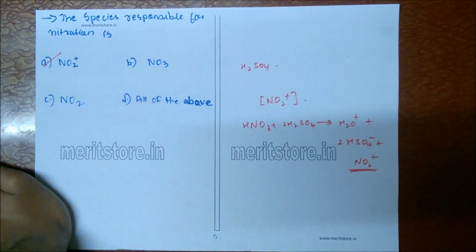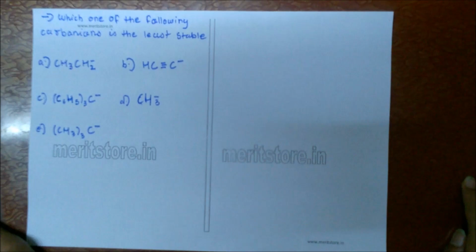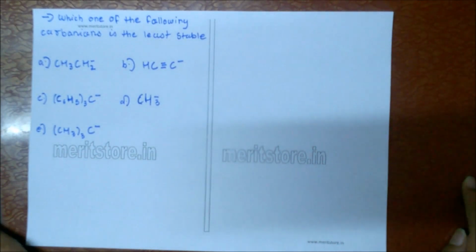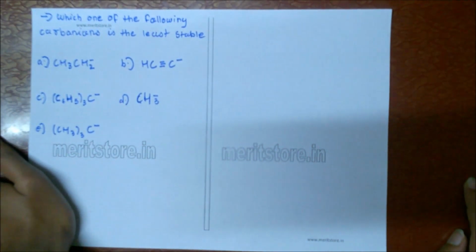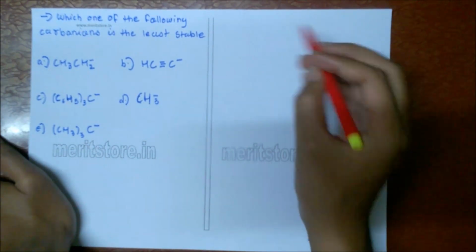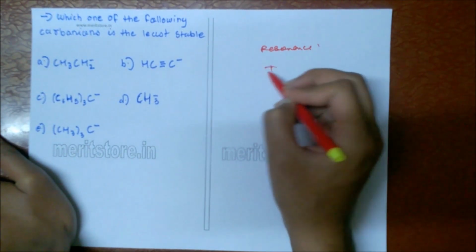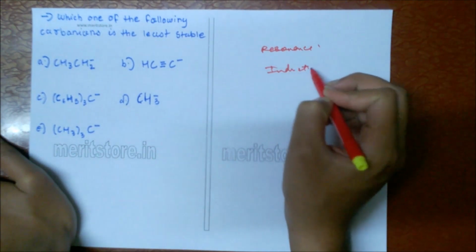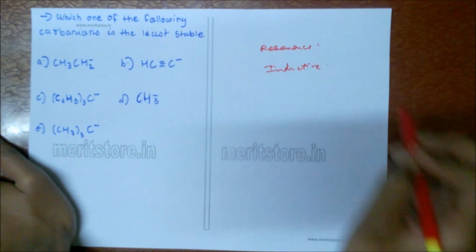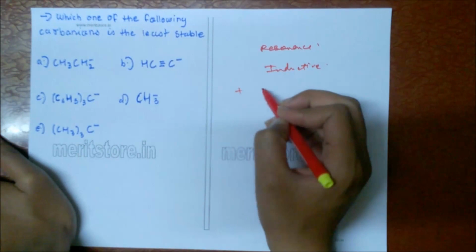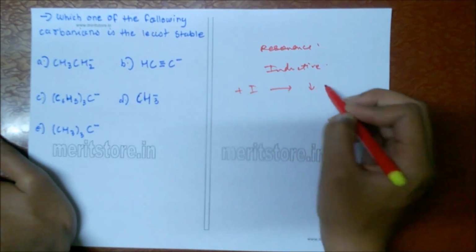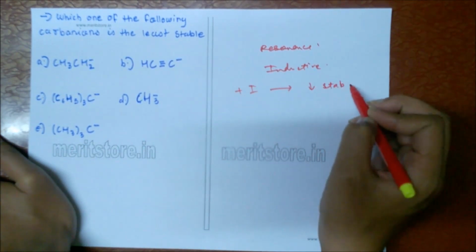Option A. Which of the following carbanions is least stable? The stability of carbanion is influenced by resonance and inductive effect. Groups having plus I inductive effect decrease stability of carbanion.